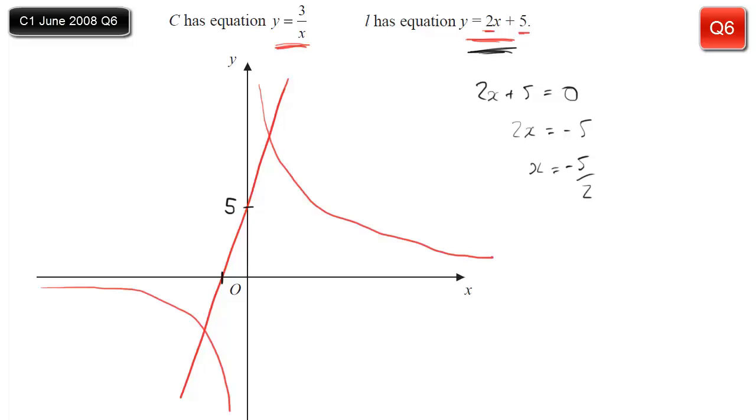So that's the x value that we need for down here. So the point is minus 5 over 2, we could write minus 2.5, and y value obviously 0. That's that one there. So we've marked all the points there. We can see that these two intersect at 2 different places, and that's what we're going to be finding out in part B.